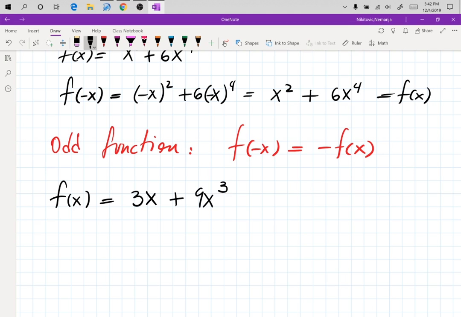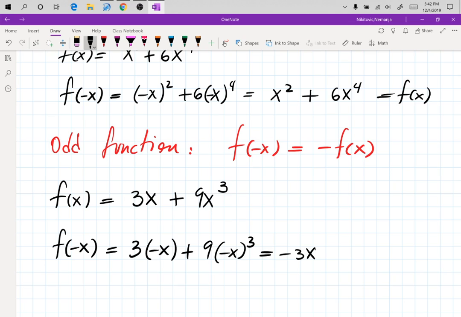And you immediately calculate f of negative x, which is when you replace each x with negative x and you carry out the calculation. So in this case, you get negative 3x, and then you have 3 negative signs, so negative will survive. And now you see that you can kick out a negative in front, and you have 3x plus 9x cubed, which is exactly what your f of x was to start off.